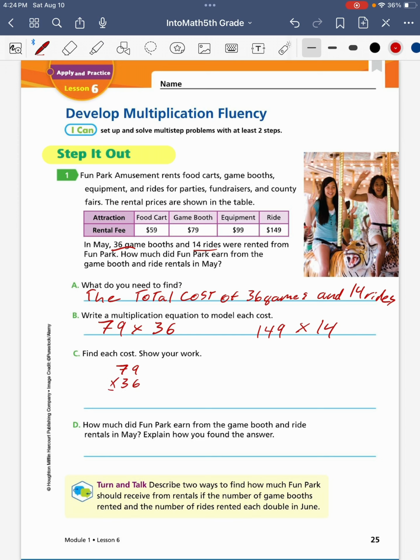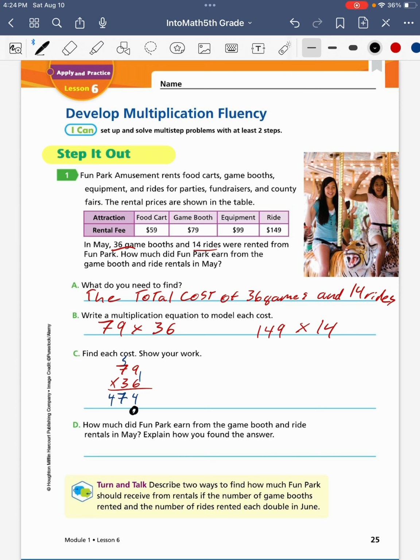Now I need to find each cost, and I need to show my work. I'm going to align my multiplication vertically, making sure my tens and ones are on top of each other. Starting with 79 times 36, with my 1, 6 times 9 is 54. Carry my 5 over to my 7. 6 times 7 gives me 42, plus 5 is 47.